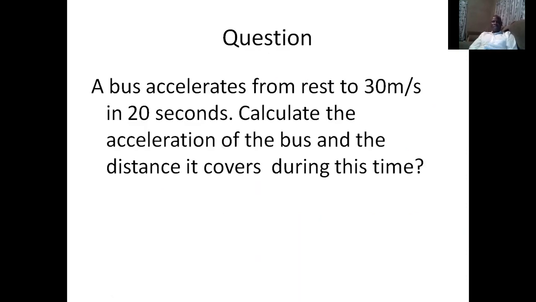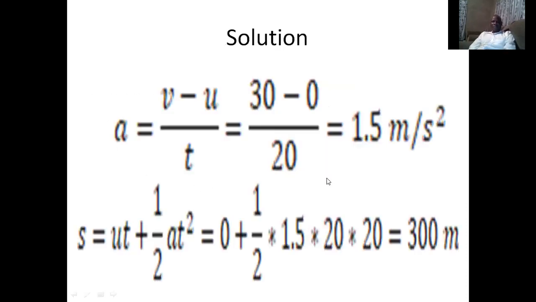The second part of the question asked us to also calculate the distance it covers during this same time. And so we can use one of these equations. We can use equation 3, where displacement is equal to initial velocity multiplied by time plus half times acceleration times time squared.